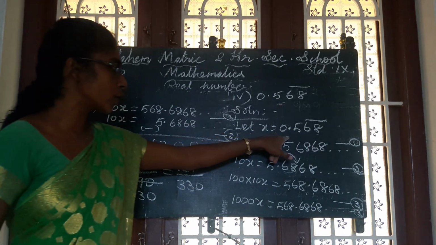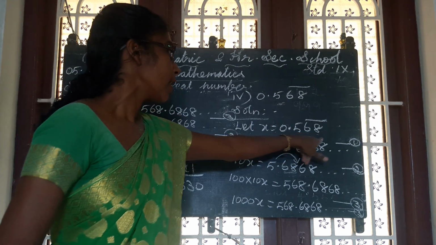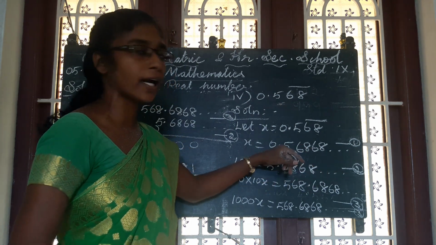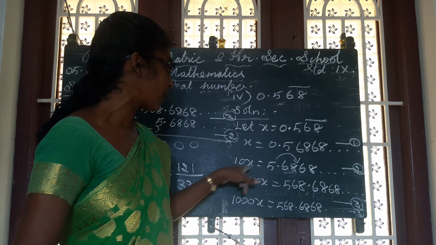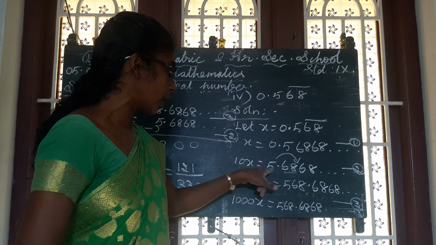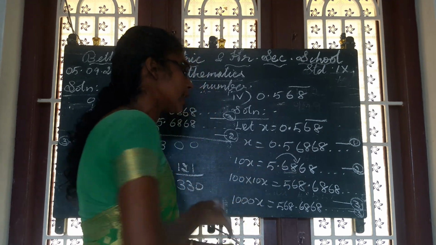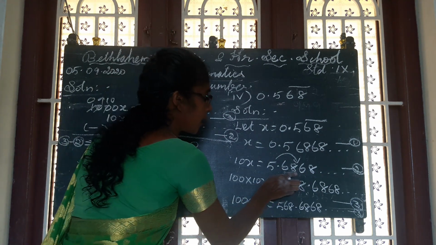First x is equal to 0.568 bar, you have to write it. Here 68 is repeating again and again. First, which digit is not repeating? 5 is not repeating. So you want to multiply this by 10. 10x is equal to 5.68, then this 5 will come before the decimal point. 5.6868 etc. Here 2 digits are repeating.